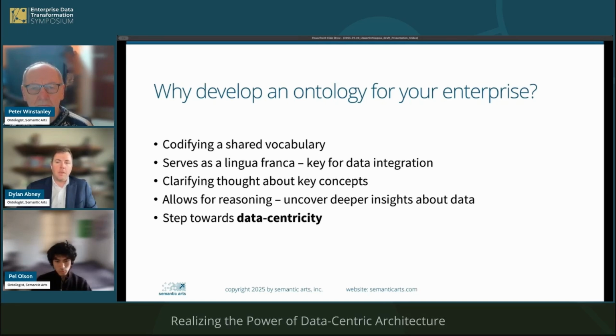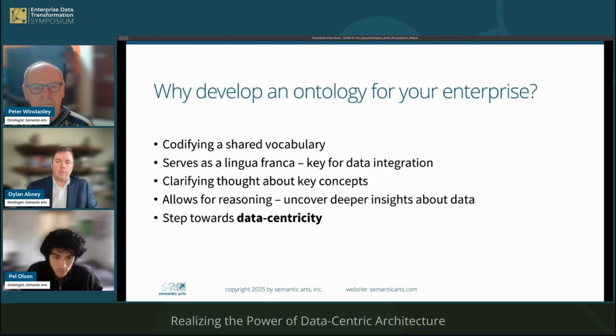And finally, you can use reasoning to uncover deeper insights about your data. Some derived facts may be more mundane, like if somebody's a person, you can derive that they're a living thing. But often reasoning can generate facts that aren't at all obvious given the initial data set, and sometimes logic will yield surprising results.